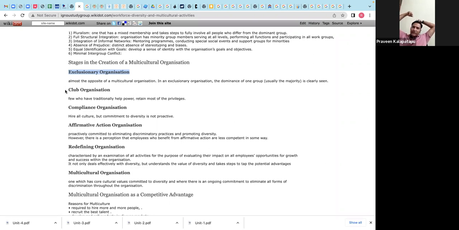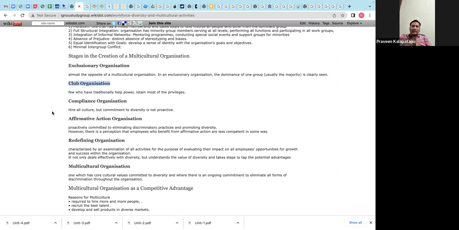They will have exclusively one dominant group and they don't bother about accommodating anything. Next is the club organization, a little better than the exclusionary organization. You recruit people, but the person who is recruiting is from a certain background. The power is with that certain background, but you have all of them within the organization.